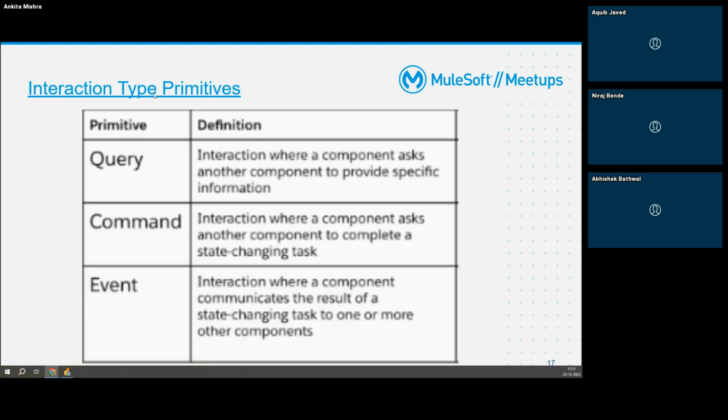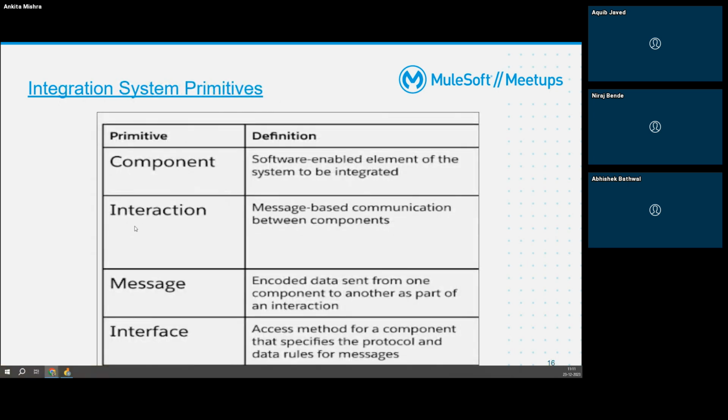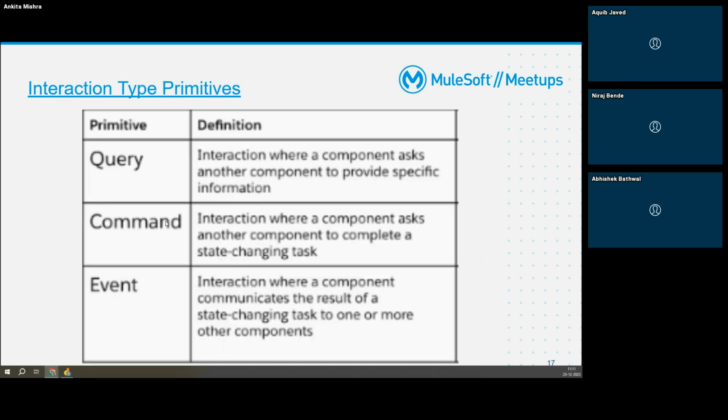Next comes interaction type primitives. So, what kind of interaction happens? You know what interaction is now, right? Interaction is the communication between the components. So, what are the different kinds of interaction? One kind of interaction is query. Query means the component asks another component to provide a specific piece of information. It's just like retrieving data, reading data.